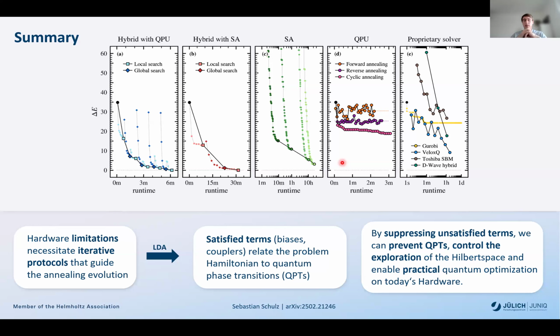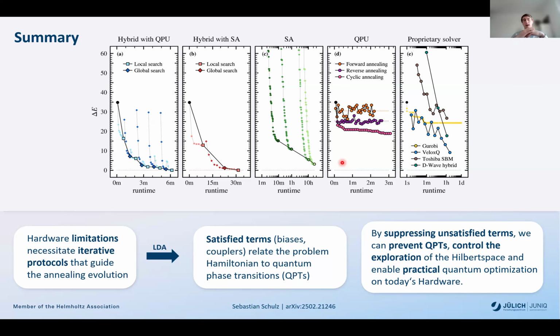A possible example to do this is our learning-driven annealing, which is based on the idea of satisfied terms, so special structures within the problem Hamiltonian that we can relate to quantum phase transitions. And the idea is to suppress these terms, to suppress these features in order to prevent quantum phase transitions, to control the exploration of the Hilbert space, so like focus on different parts of the Hilbert space.